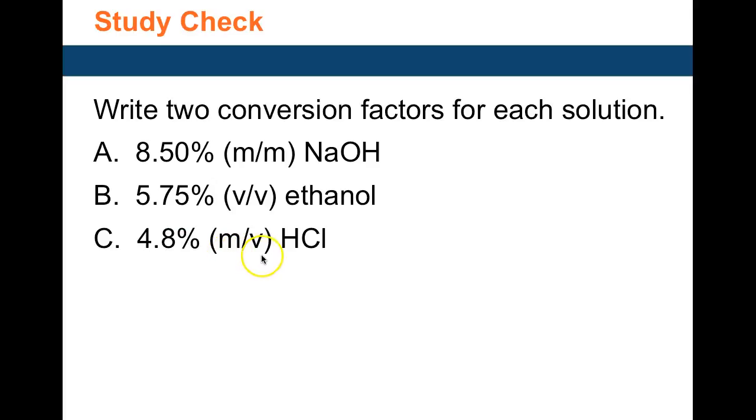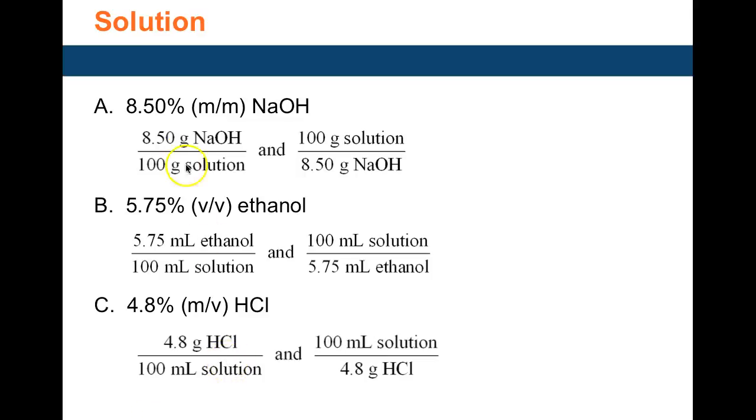4.8% mass by volume HCl. So that's 4.8 grams of HCl in 100 mils of solution, okay, and vice versa. So this is how it would look: 8.5 grams of sodium hydroxide over 100 grams of solution, or 100 grams of solution over 8.5 grams of sodium hydroxide.